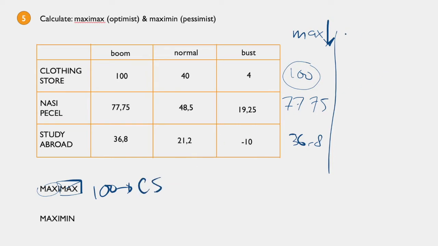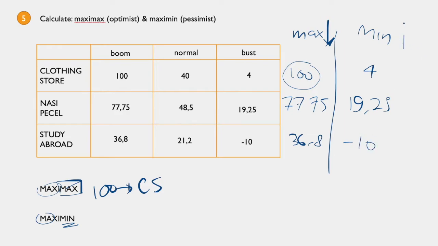And then for maximin, we have to choose the maximum of the minimum payoff. So from these three alternatives, the minimum payoff for clothing store is 4. For nasi pecel, the minimum is 19.25. And for study abroad, the minimum is minus 10.